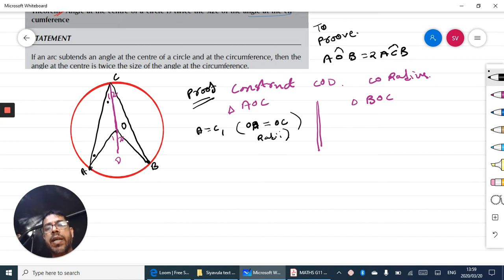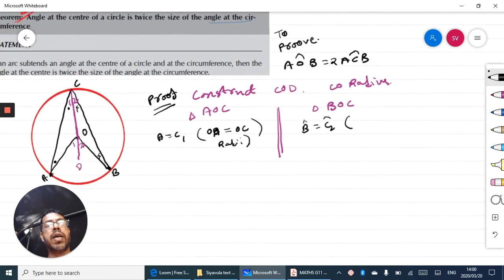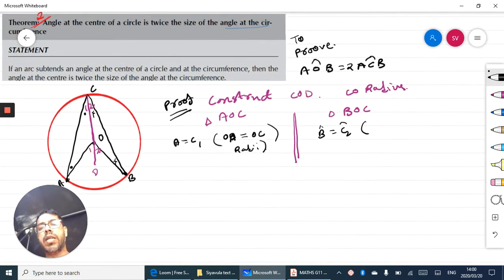Similarly on the right hand side, angle B equals angle C2. The same reason: angle B and angle C2 are part of an isosceles triangle, where my two sides are equal, which is OB equal to OC.